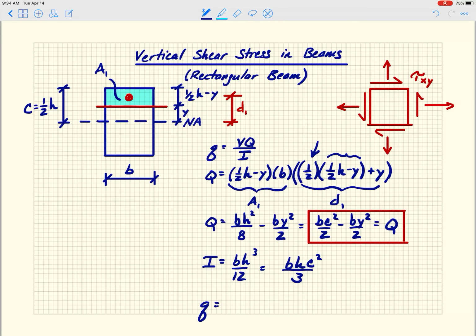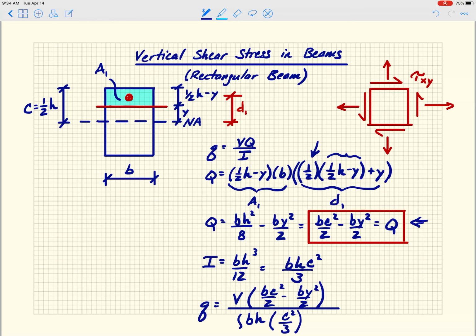Okay, so now we can just simply plug those guys into the Q equation. So that's V times this Q here, right? So that guy is BC squared over 2 minus BY squared over 2, and then the denominator is that I. Actually, here's exactly why I did that. So I have a BH, and then this is C squared over 3.